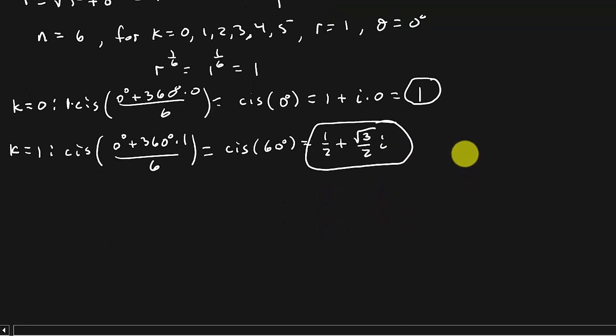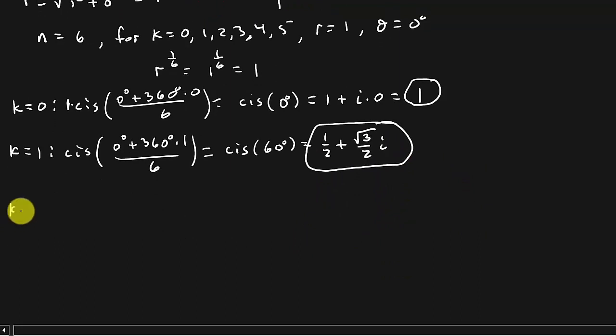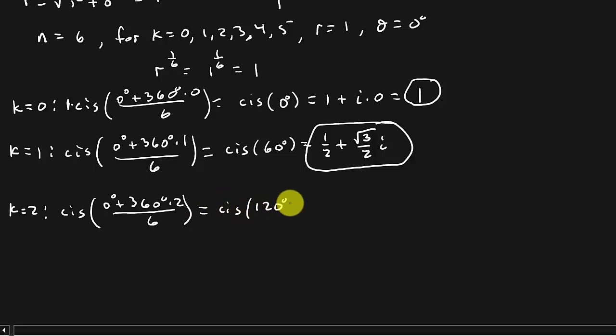There's your next solution. Now for k equals 2, I get 0 plus 360 times 2 over 6, and that is going to be 120. I'm not going to go through and do all this. It's -1/2 plus square root of 3 over 2 times i.